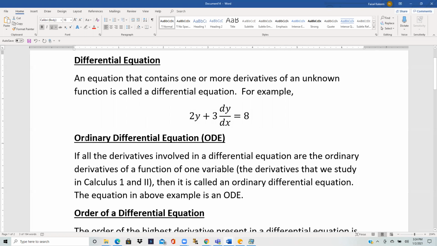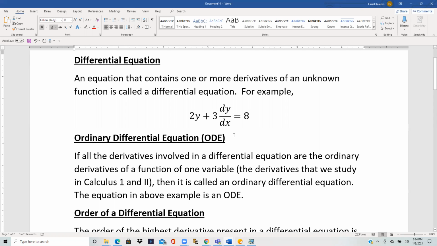Then we have the ordinary differential equation. If all the derivatives are ordinary derivatives of a function of one variable, and these are the derivatives that we study in Calc 1 and Calc 2, we just study ordinary derivatives in these two courses.